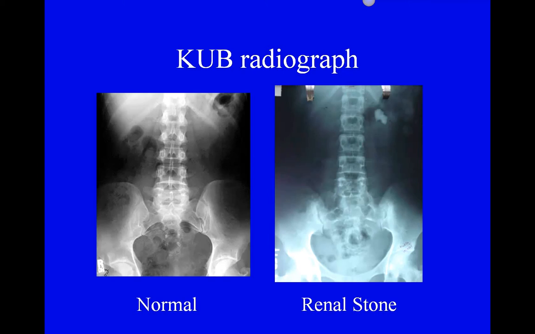That means not giving you any kind of contrast to make things show up. So here's a normal KUB film, and it's going to go from about just above the level of your belly button. So if you can find that area on you. And it's going to go down below your pelvis, so kind of at the bottom of your crotch area. They're going to place an x-ray plate and take a picture.